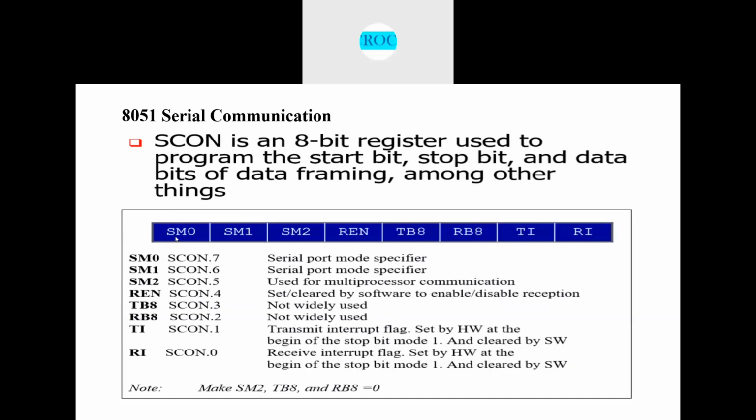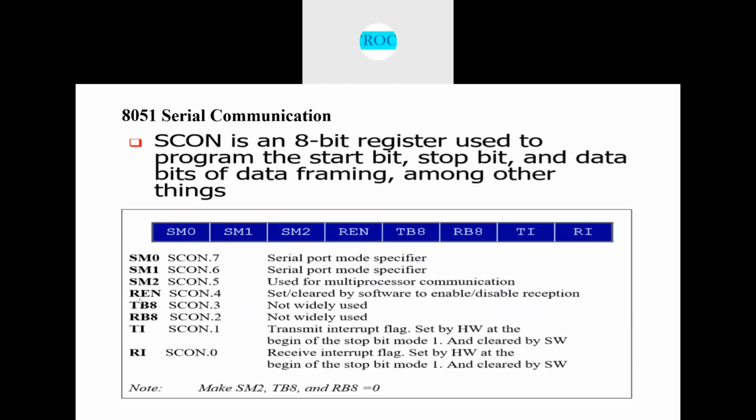The higher two bits, SM0 and SM1, bit 7 and bit 6, define the modes of operation. Bit 5 is SM2, used for multiprocessor communication. As of now, we will not be using SM2.